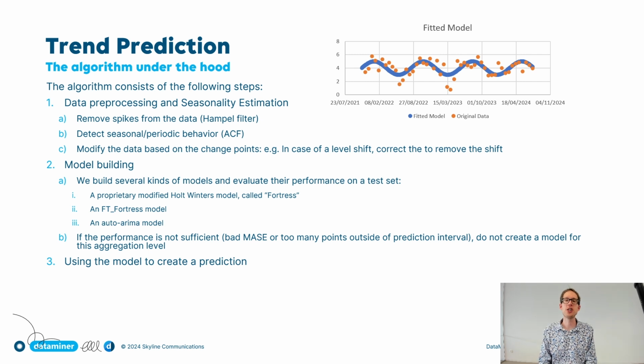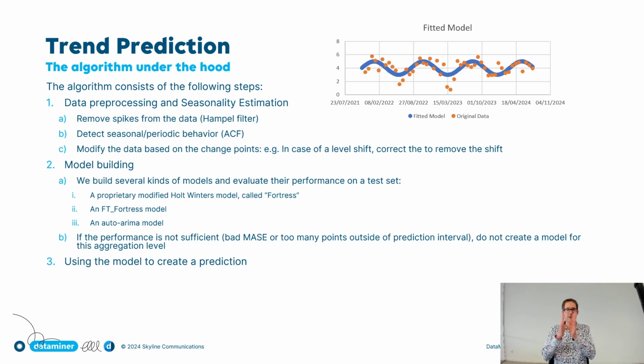And there's a lot of information on that to be found online. Next, we also try to fit an FT fortress model. Again, this is proprietary, but it tries to fit the same data with a few less parameters. And finally, we apply an auto-ARIMA fitting. Again, this is something that you will be able to find online.